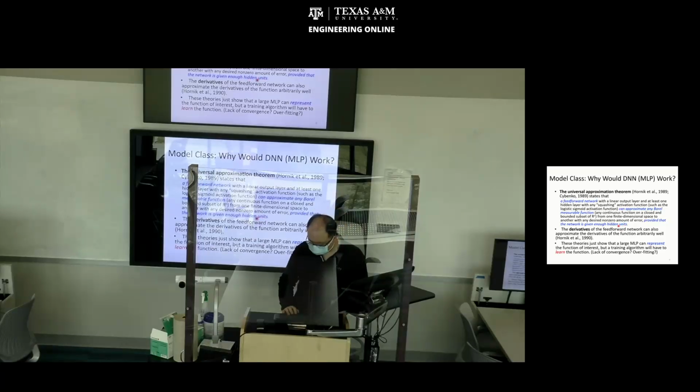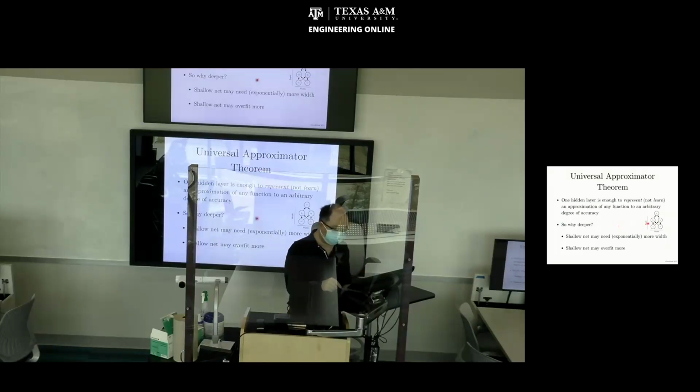So if I have one hidden layer with many neurons, that's called the width, then that's enough. But you have learned much better than that: deep neural networks are really about the depth. The magic comes from the depth.